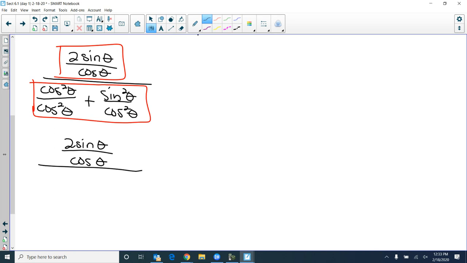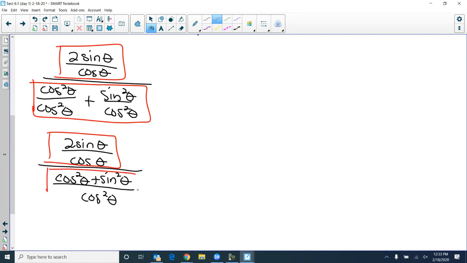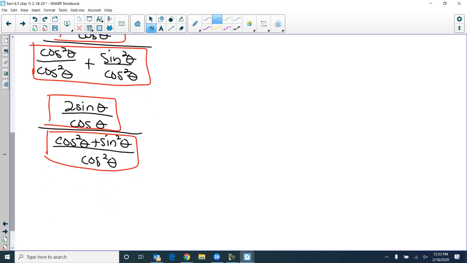This can be written as cosine squared theta plus sine squared theta all over cosine squared theta. At some point, I'm going to have to take the numerator divided by the denominator, but I want to do one thing first. There's one identity that I can use to make this a little bit simpler.